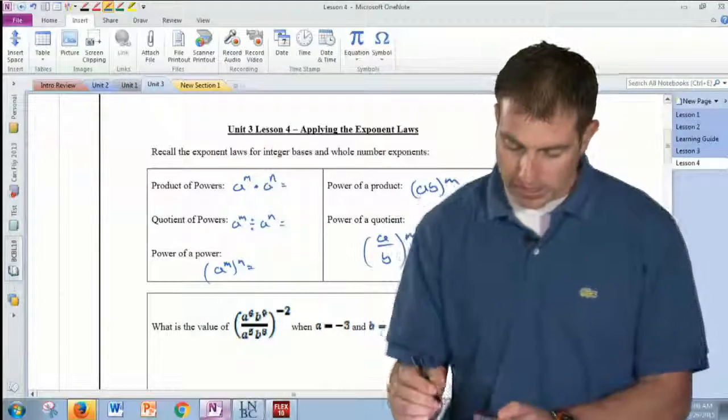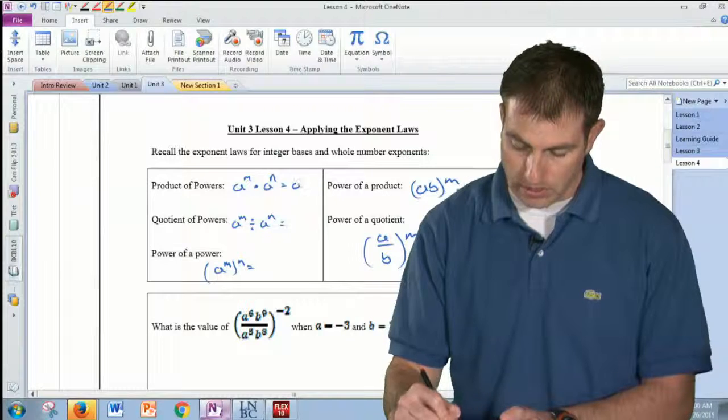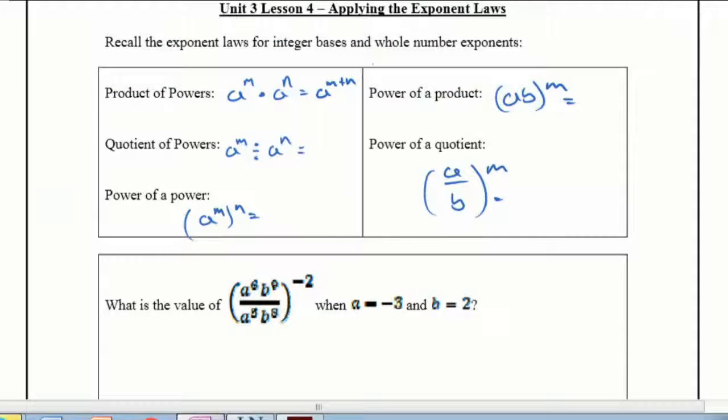All right, a to the m times a to the n is going to give me a to the m plus n. So if I'm multiplying same base, I add my exponents. I'm dividing same base, I subtract my exponents, m minus n. I'm raising a power to a power, I get m multiplied by n.